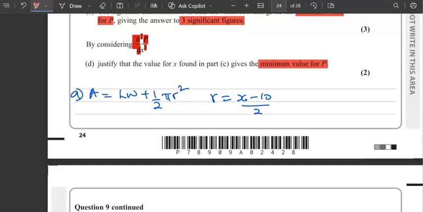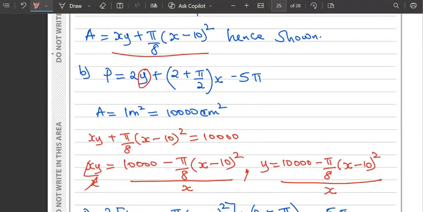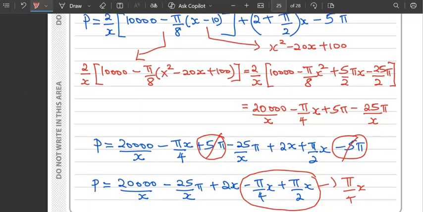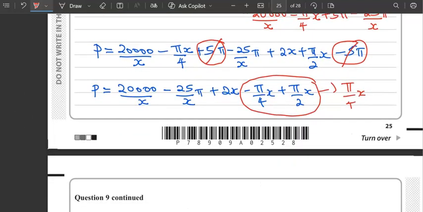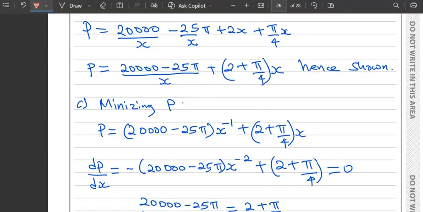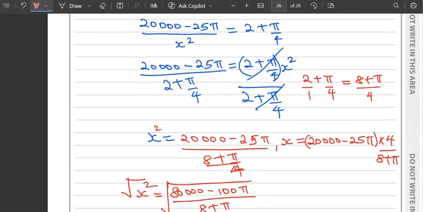So we are using the concept of second derivative, and you see there's a concept that we need to know here, that if the second derivative is greater than 0, then definitely it is a minimum point. So that is what we are banking on.